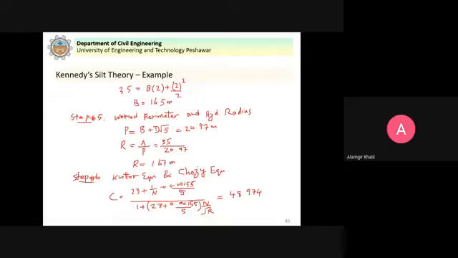Now we can use the Chezy formula. V is equal to C into square root of RS. We have all the values clear.